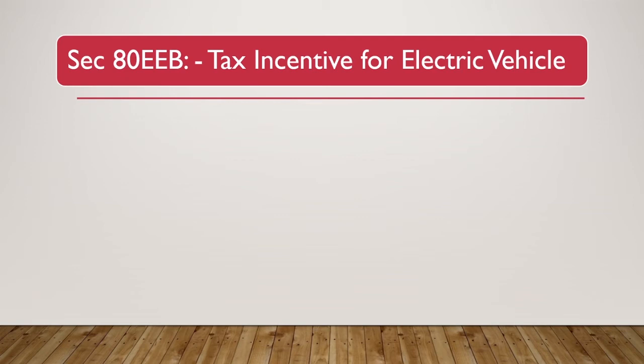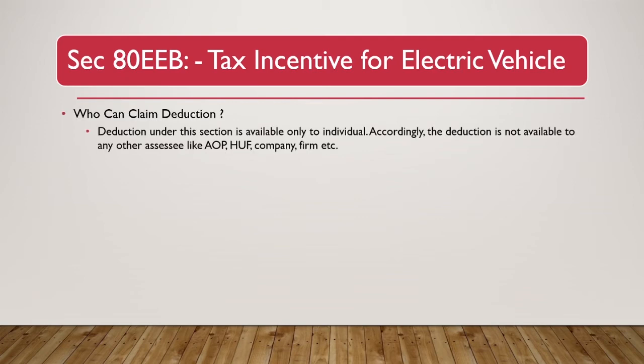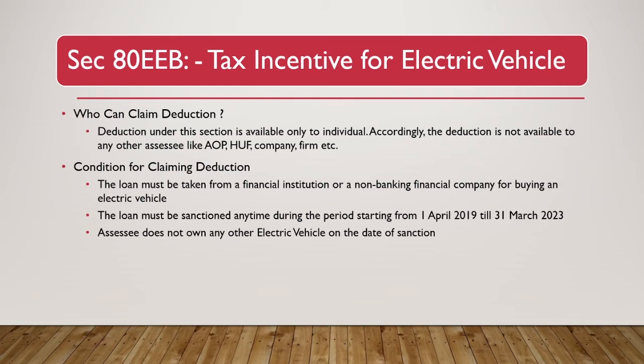So friends, we have to understand who can claim this deduction. Individual SSC only can claim this deduction. No other SSC can claim this deduction, provided such SSC is taking a loan from a financial institution or non-banking company between 1st April 2019 till 31st March 2023, and at the time of sanctioning of the loan, SSC is not owning any other electric vehicle.